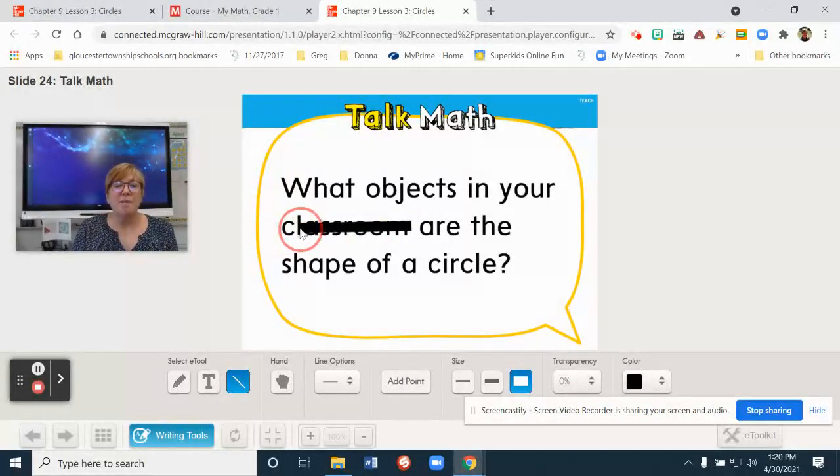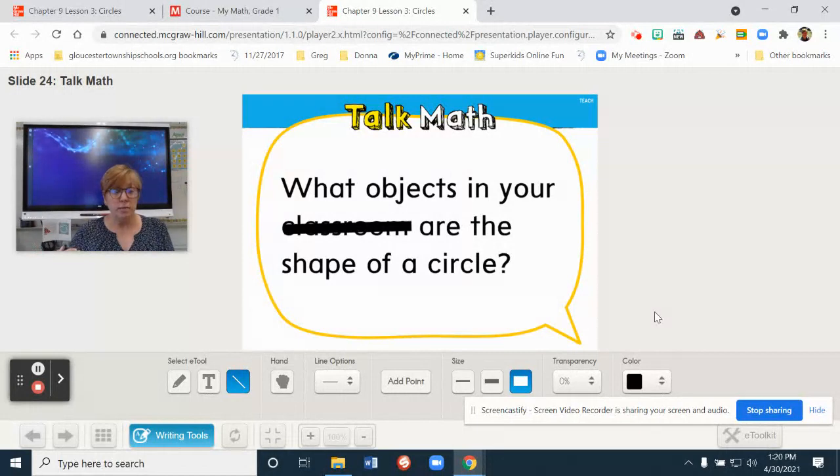Okay, I am covering classroom, and what I wanted to put was what objects in your home are the shape of a circle. So look around and see if you can see any object in your home that is the shape of a circle. All right? Try to remember that, and we can talk about different circles that we have seen that are around us.